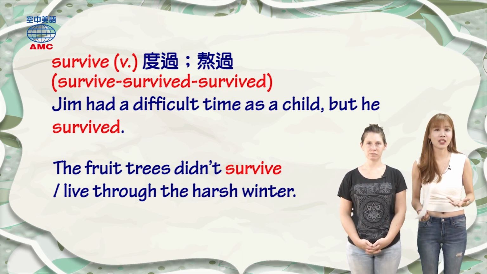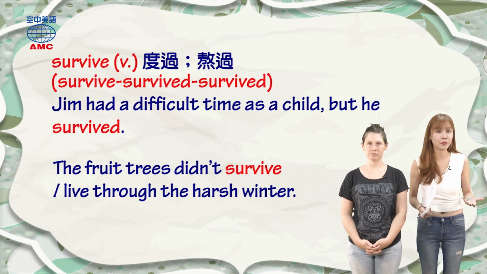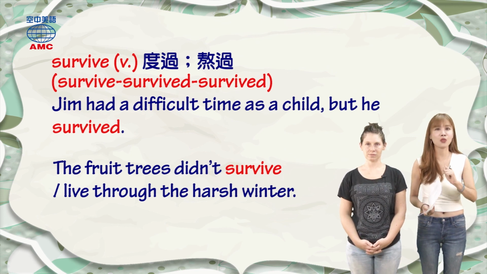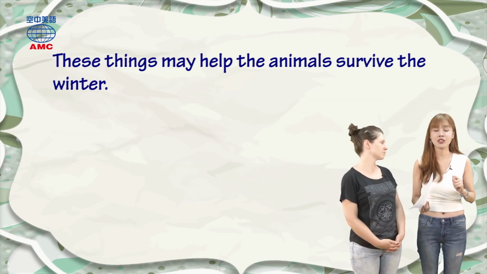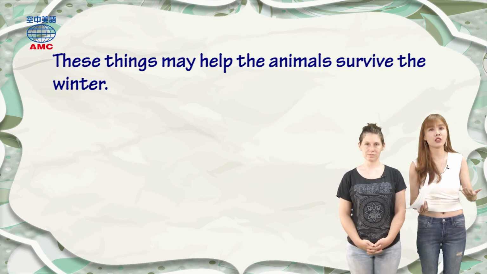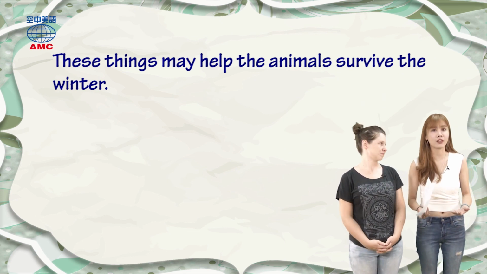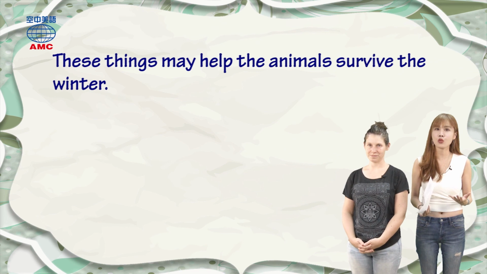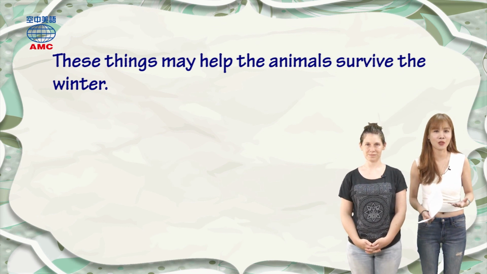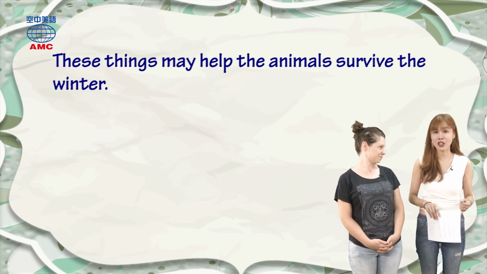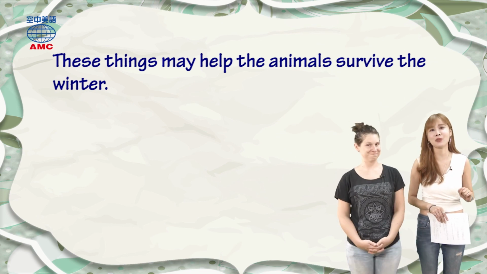OK， 那看回刚刚的例句提到，Jim 在孩童时期有一段非常艰辛的时光，但是呢，他熬过喽。OK， 所以呢，其实我们刚刚提到啊，就捐赠一些旧的衣物啦，或者甚至毯子，这些东西都可以帮助动物们度过严冬。Well, that comes to the end of today's article, but don't go away yet because we have our wrap up.